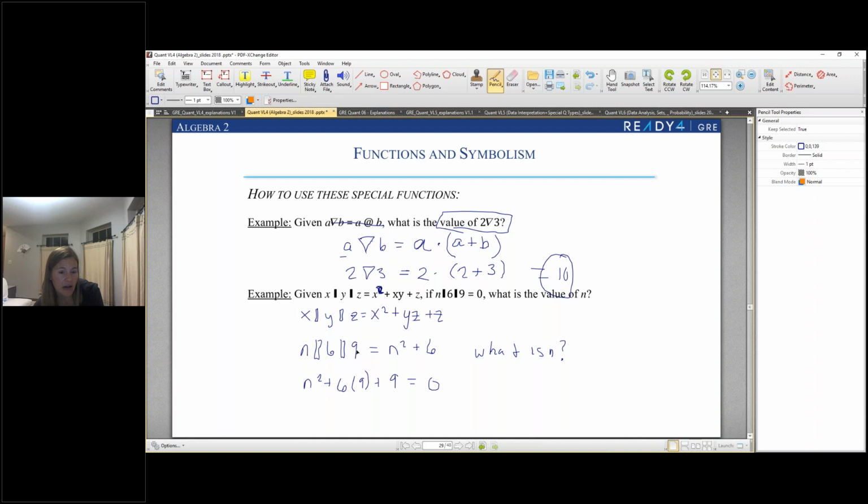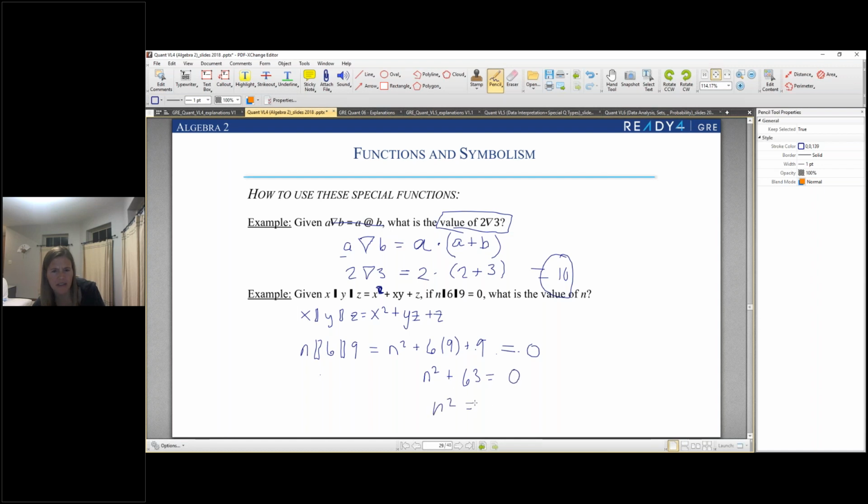I'll plug in Z, or 9 anywhere the Z was, so that's here, and also the last one. Okay, so just plugged in there where they went, and they're also telling us it's equal to 0. So then I just add a bunch of stuff up. So N squared plus 6 times 9 is 54 plus 9, so N squared plus 63 is equal to 0.